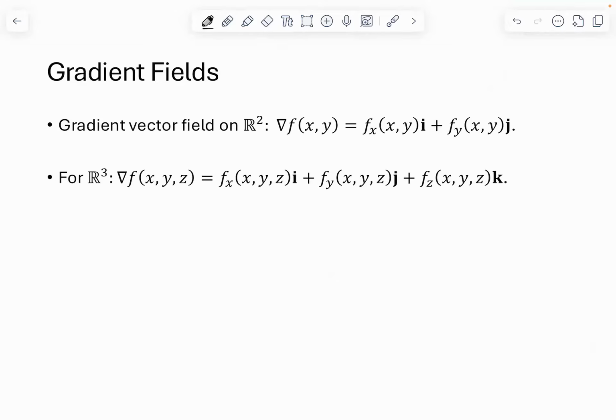As we saw, when we took that gradient, we are taking the partial derivative of f with respect to x at x and y times i plus the partial derivative of f with respect to y at x and y times j. And in R3, that gradient adds the additional component of the partial derivative of f with respect to z, and all three of these are now at the point x, y, and z, with this last term being multiplied by k.